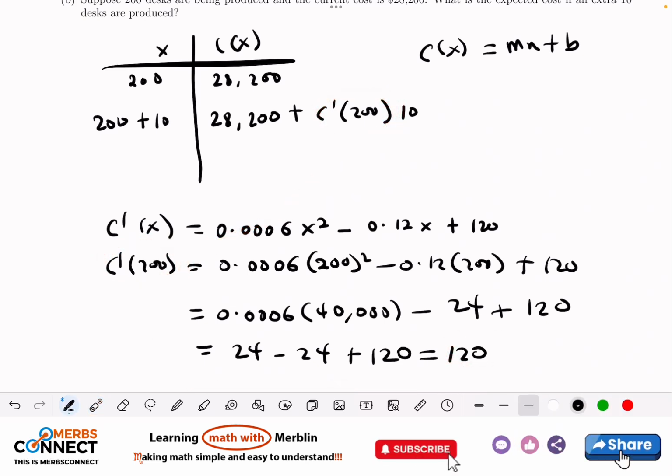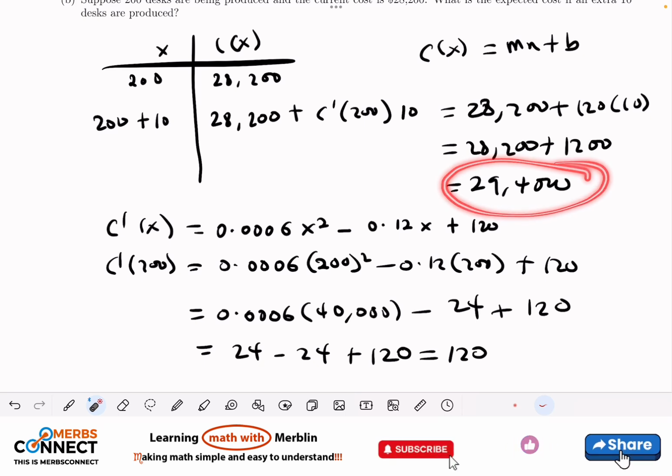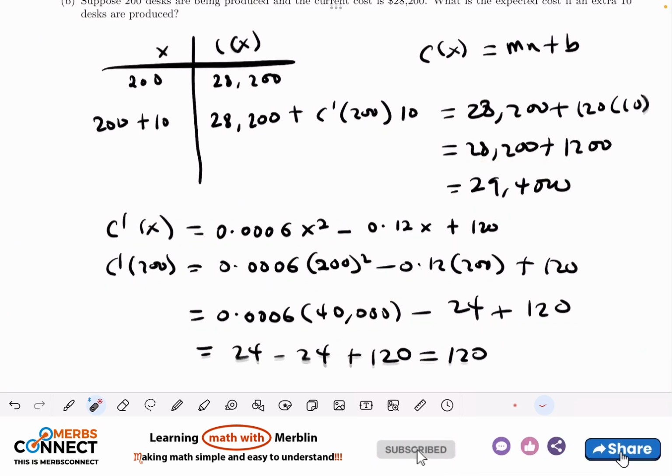So it means that this is equal to 28200 plus 120 times 10, and I'm going to have 28200 plus 1200, and then when I add, I'm going to have 29400. So that's what I'm going to get at the end of the day for producing extra cost.